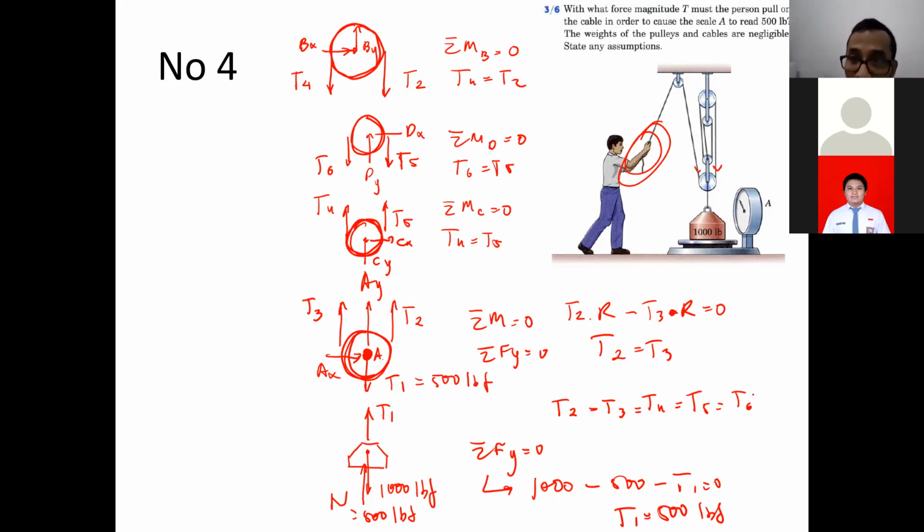Now try to take a look at this particular free body diagram. The forces there are actually a little bit wrong, because we have T going up here, right? It's supposed to be T6.